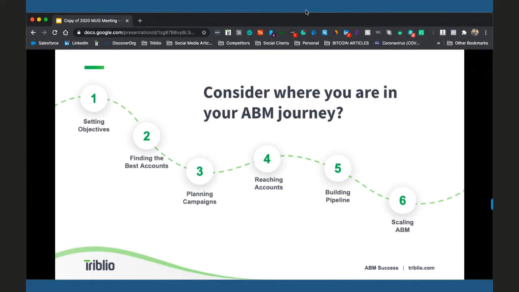And so, obviously you can see exactly what these different steps involve, but generally speaking, when we speak to organizations, and even though sales has been doing account-based selling forever, and marketing has been targeting very strategic accounts since marketing was invented, the idea is that to scale it and to really do it efficiently, most people are still relatively new to that. And so when they come to us or they start to evaluate different solutions, we tend to find that they're actually still somewhere in the neighborhood of step 2 or step 3, where they're still trying to figure out, like, how do I target the best accounts?